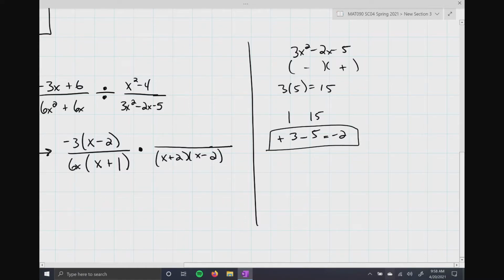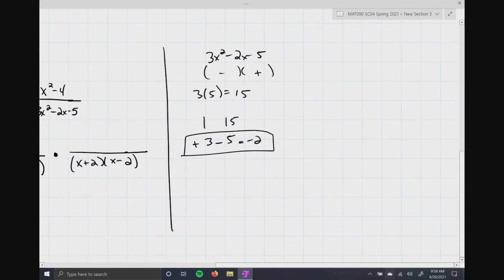Now, I'm going to rewrite this, but I'm going to be smart about it. 3x squared. Can somebody tell me what my next term is, if I'm being smart about this? What would be my next term? Good. Minus 5x plus 3x minus 5.